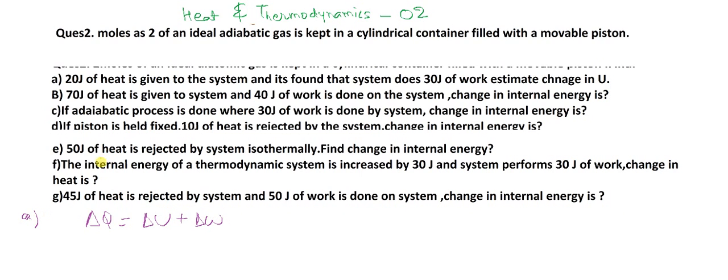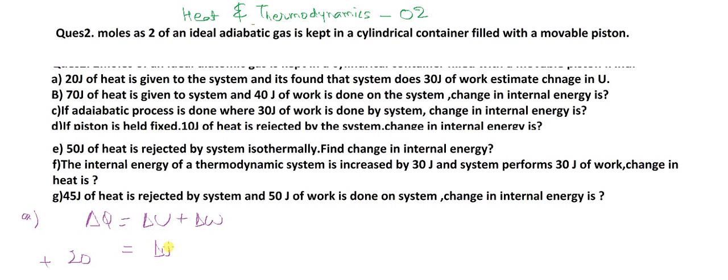The first part says 20 joules of heat is given to the system, which means dQ is positive because it is given to the system, and it's found that the system does 30 joules of work. Estimate the change in delta U, you need to calculate.